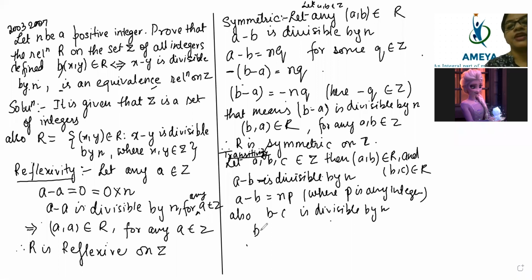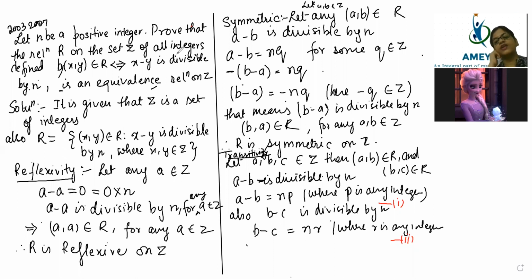So definitely take this one as equation 1. So B minus C is equal to NR, where R is any integer. Okay, so that means take it as equation 2. Adding equation 1 and 2.